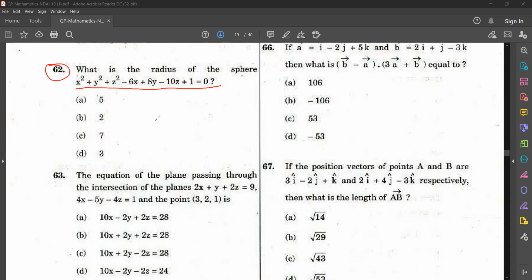Okay, all of you please try to do this. Once you get the answer, comment your answers. I'll give you 1 minute for solving this question.